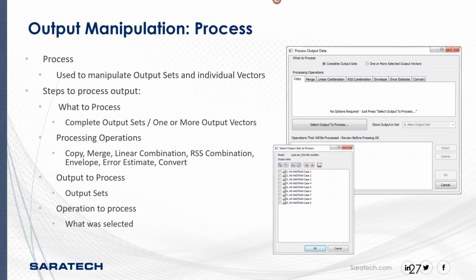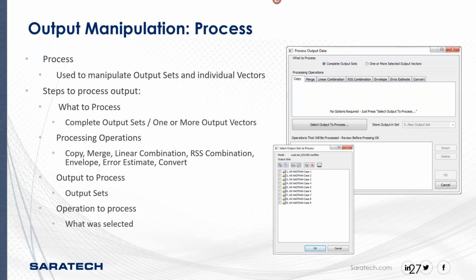Once you have output, there's output manipulation. This is the output manipulation process. Now inside here, you have output that you want to process. So at the top, you specify what you want to process. Do you want to use all output sets, or do you want to specify certain output vectors?